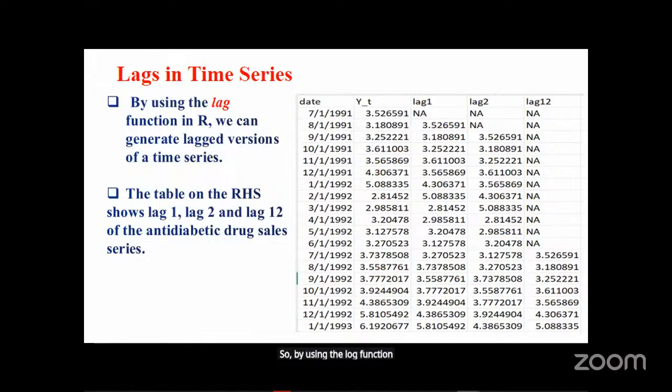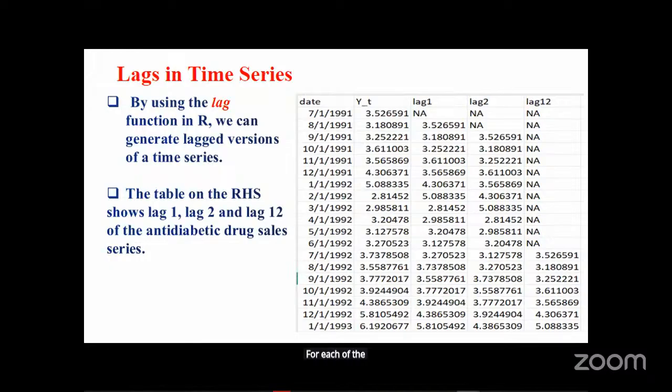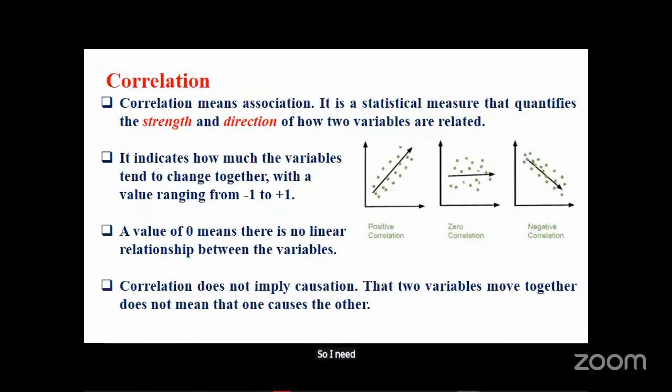By using the lag function in R, we can generate lagged versions of a time series. For instance, look at this. This is the date, and this is the original time series itself. These are the lags observed for each of the dates. So I need to run fast.